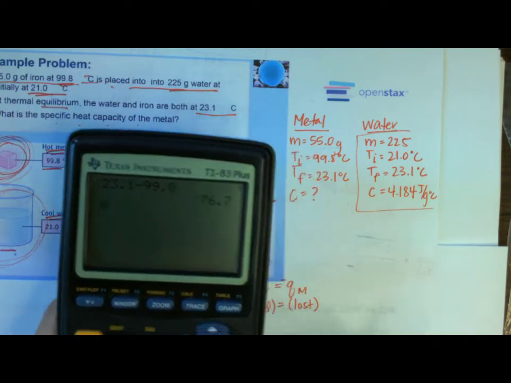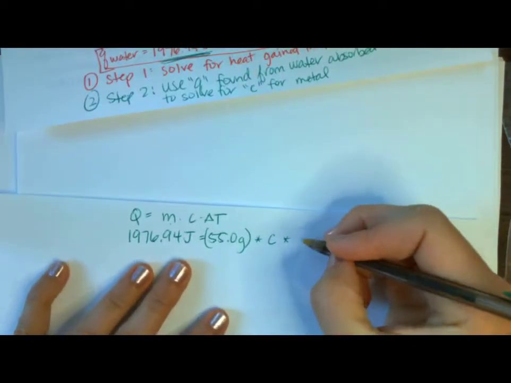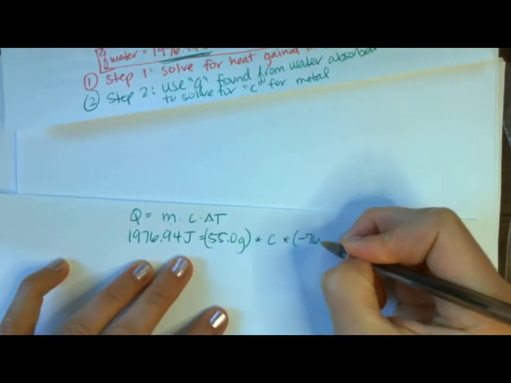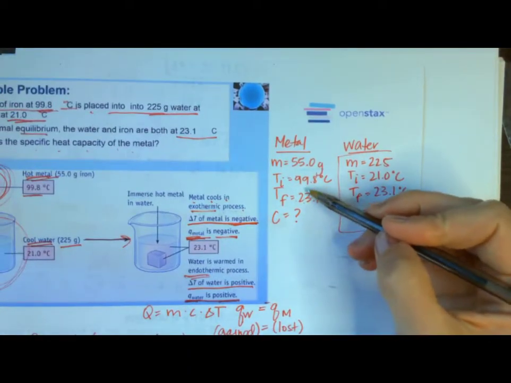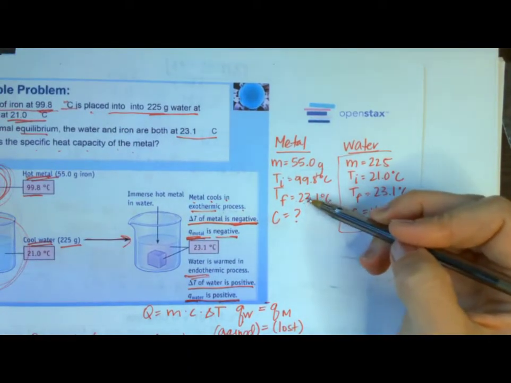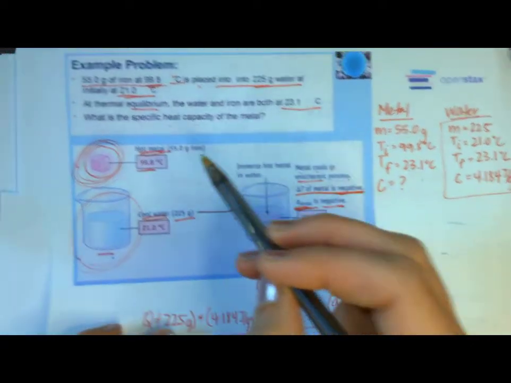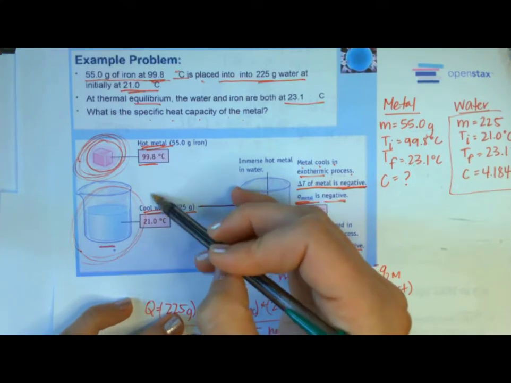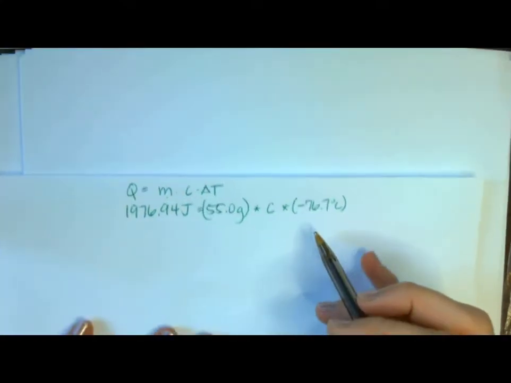That's a big change in temperature. So negative 76.7. So again, this metal temperature went down, right? So the delta T of the metal is negative. It started at 99 and it cooled off. The temperature dropped, giving us that negative change in temperature.